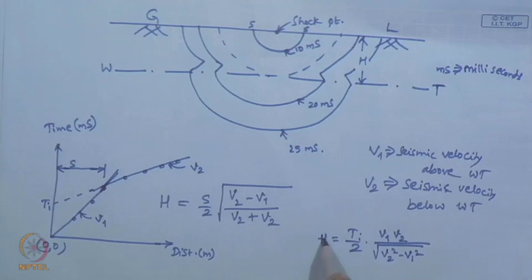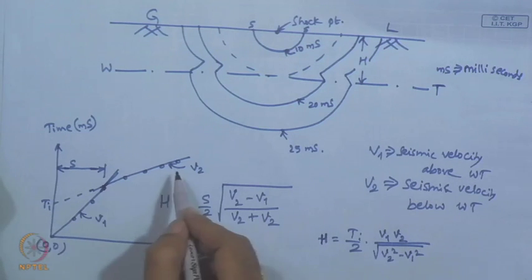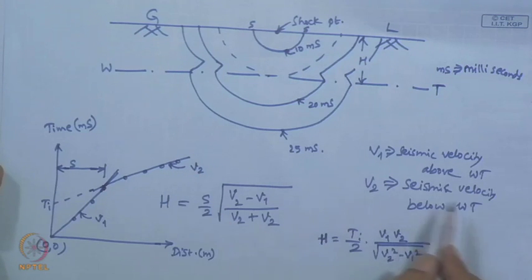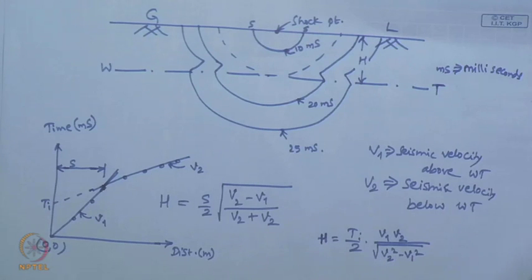So, this is another relationship, where this Ti is the intercept on the vertical axis for the higher velocity line, that is the V2 line, which represents seismic velocity below the water table.